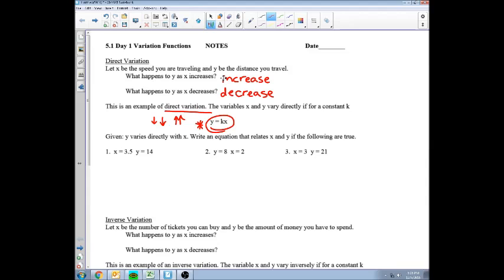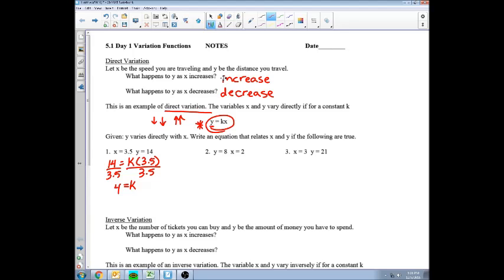So the first thing in my formula is y, so I put 14 in for y. Next is equals, then k times 3.5, because 3.5 is my x. Now if I divide by 3.5 on both sides, I end up with k by itself, and k would equal 4 in this case.